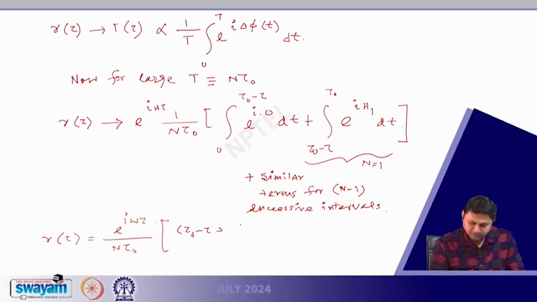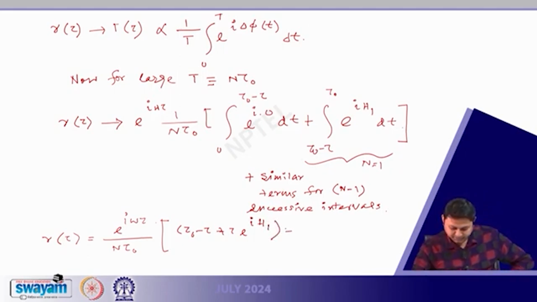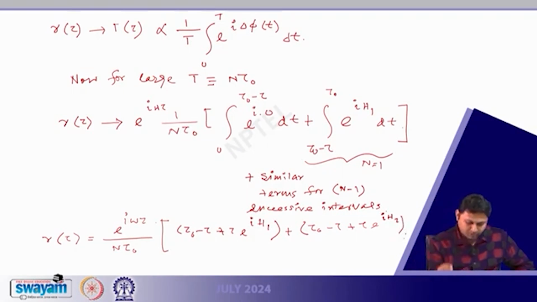If I do the integral, it will be tau minus this thing. So essentially I get plus tau e to the power of i h1. That is my first term. Similarly, my second term will be tau naught minus tau plus tau e to the power of i h2, and so on.